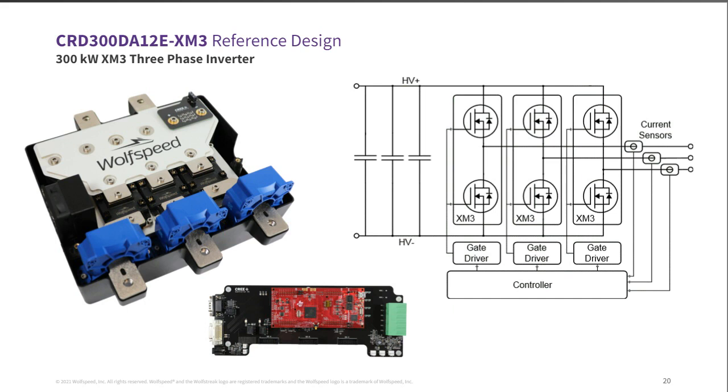But this interfaces with our companion gate driver board. So we use that XM3 driver board that I touched on at the beginning of the presentation. Again, it is an evaluation tool, but it can be used for full power testing and in system, as we demonstrate with this reference design.